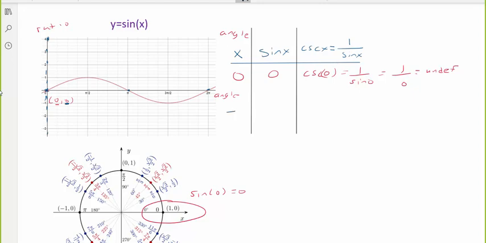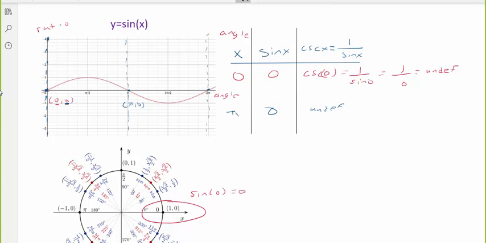Same thing is going to happen at pi. At x equals pi, sine is 0. That's the point pi comma 0. So the fact that it's an x-intercept means if you plug pi into the sine function, you get out 0. Well, if sine outputs 0, that means cosecant is 1 divided by 0. Again, undefined, and it creates a vertical asymptote. So very easy: graph the sine function, and any x-intercept becomes a vertical asymptote in the cosecant.